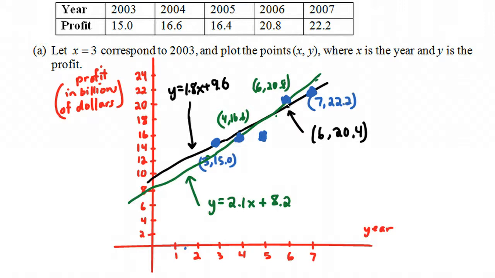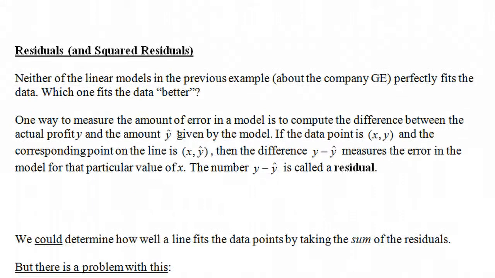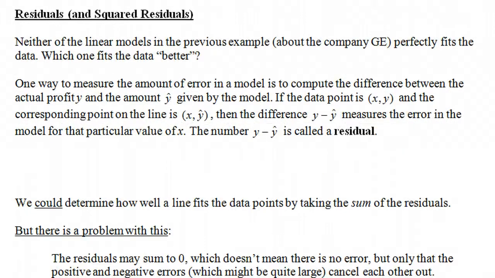So you're off a little bit, by 0.4. If you take 20.8 and subtract 20.4, you get 0.4, and that's what's called the residual at this point 6. It's the difference between the actual data point, 20.8, and the data point on our black line model.